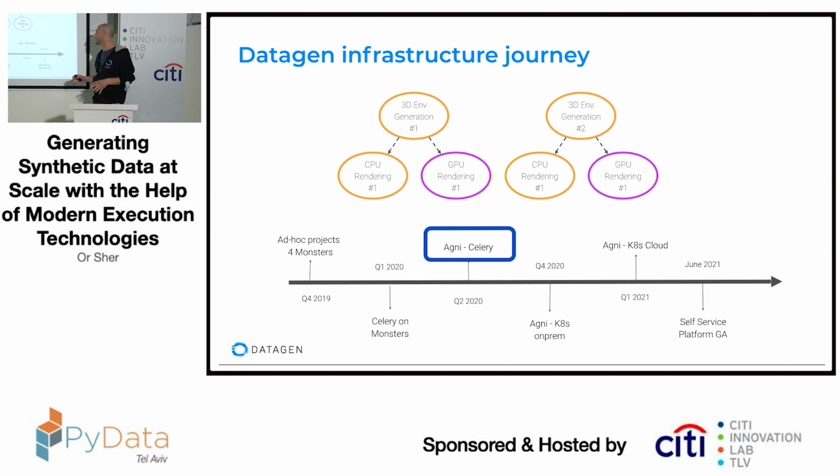We split the tasks into more granular tasks, each with different resource consumption. Specifically, the tasks that needed GPU rendering were by themselves, and we had another central entity orchestrating the entire workflow.